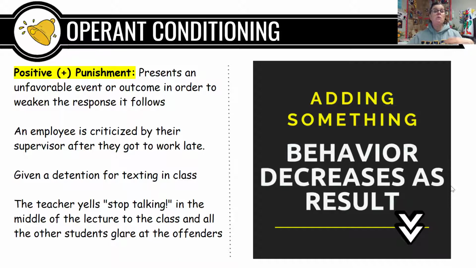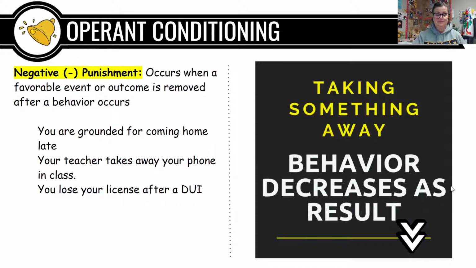Positive, we are adding the criticism. Why? Because we don't want them to come to work late anymore. We want to stop that behavior, so we are going to add that punishment. Another example: you're given a detention because you were texting in class. We added a detention to stop the behavior of texting in class. That's what positive punishment is.